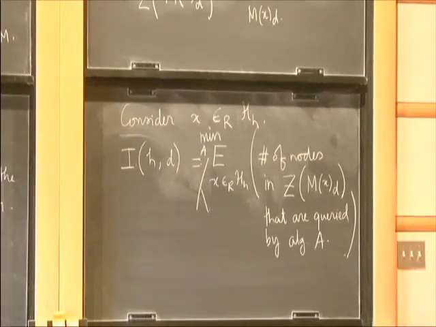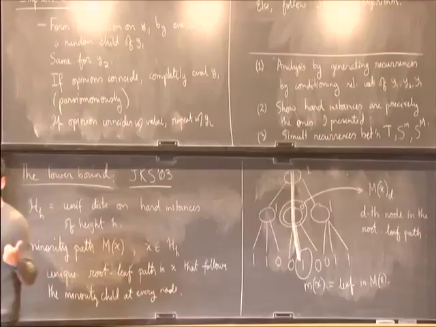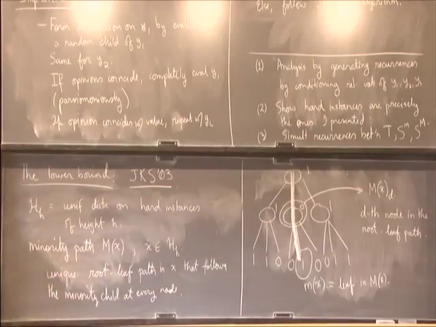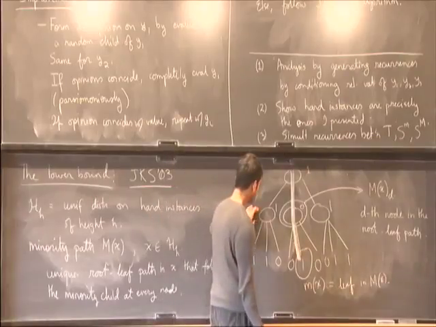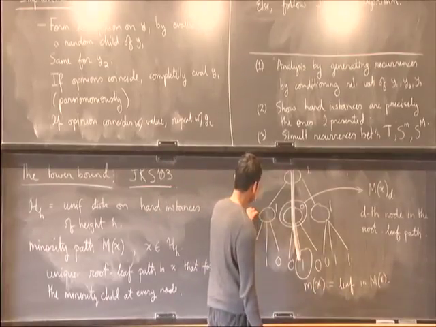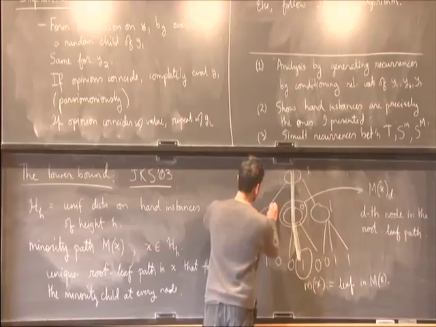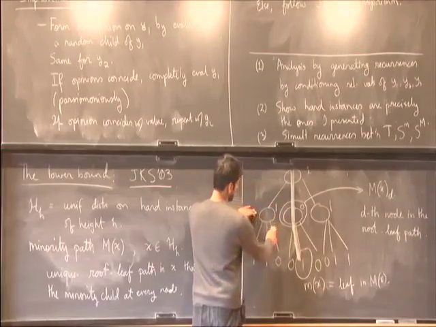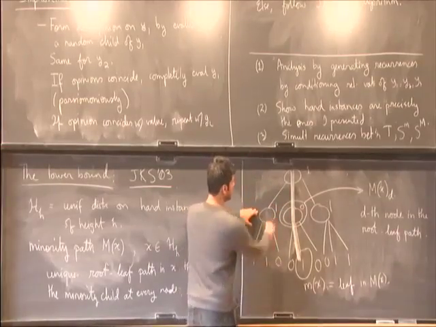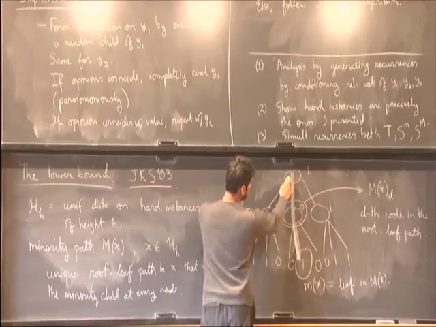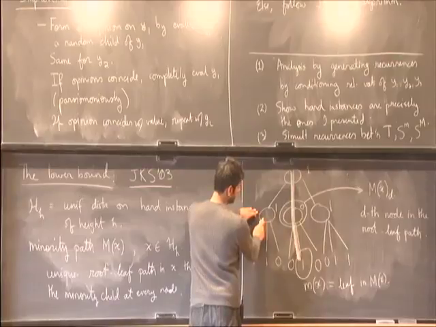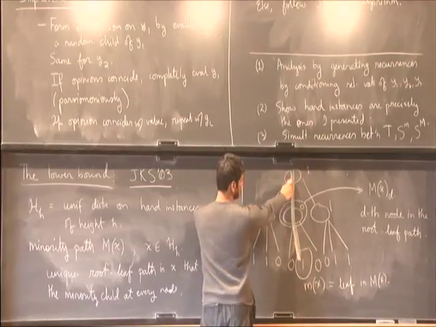So now you need to only worry about two things. One is what happens, under this hard distribution, when this particular node is a minority child versus a majority child. When it's a minority child, the quantity in which you're interested is basically looking at the d plus 1th node in the minority path, that is one lower than the one that you were considering.